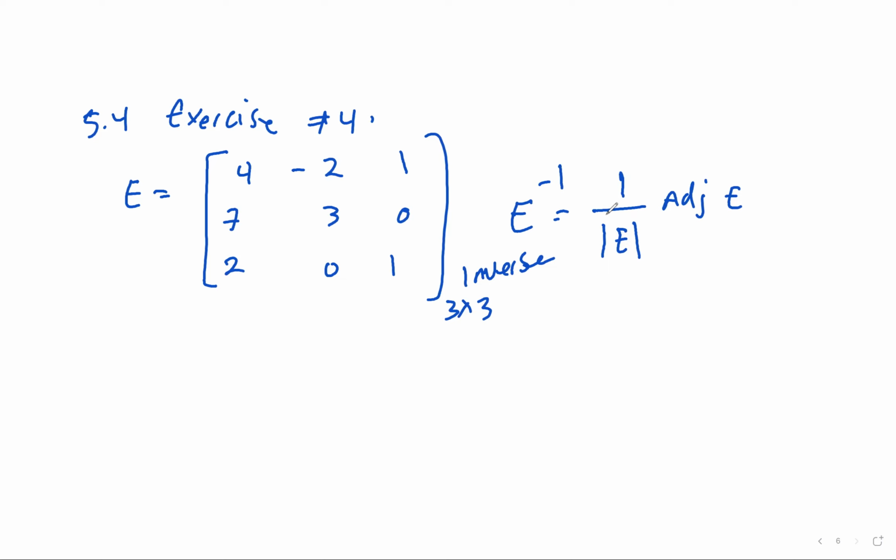So the determinant of E is equal to, again, block a row and a column. Take what is there. And here, just one thing you should remember when you do this operation: the signs go plus, minus, plus, then minus, plus, minus, plus, minus, plus.